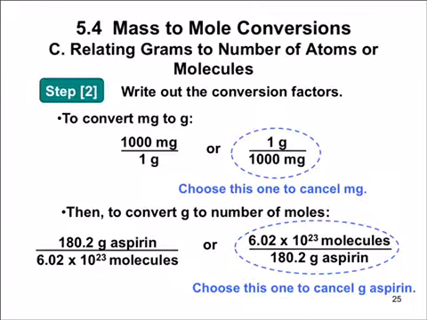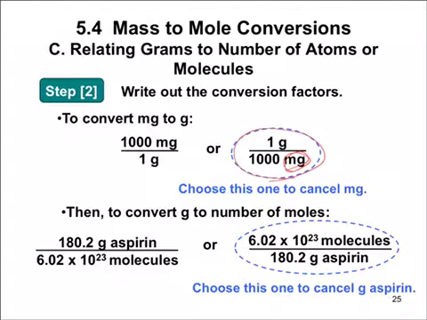So the first thing we need to do is write out our conversion factors. Now, molar mass is in grams, not milligrams. So what I want to do is convert milligrams to grams. So 1,000 milligrams is 1 gram, or 1 gram is 1,000 milligrams. Since I want to cancel out milligrams, that needs to be on the bottom. So this is the conversion factor I'm going to use.